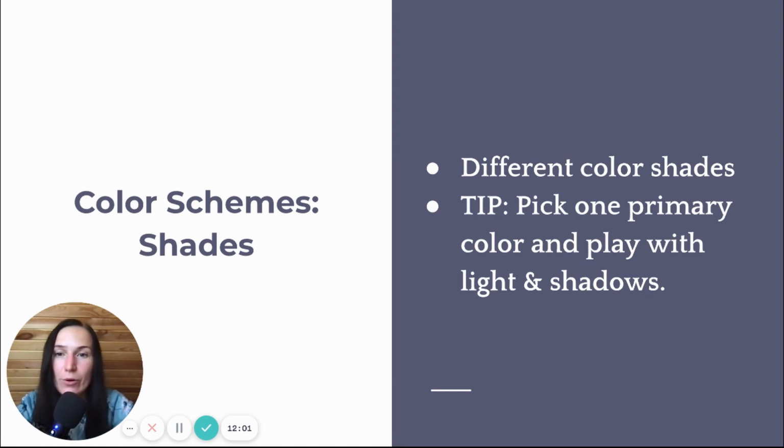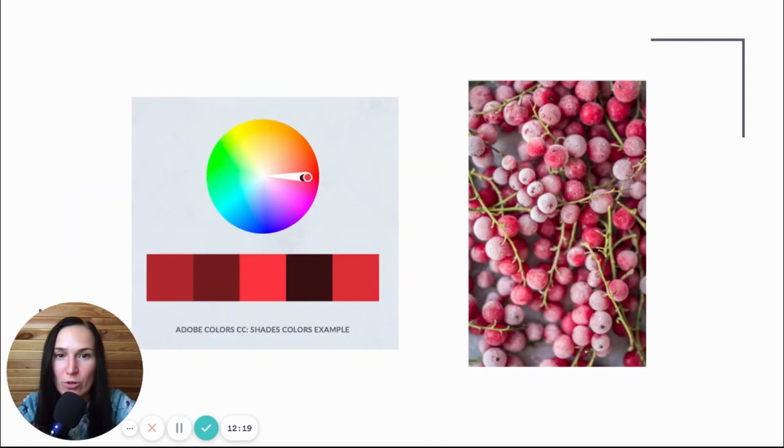And finally, the color scheme shades. In this one, you have different color shades. You pick one primary color and then you just play around with light and shadows. It's quite hard to find this kind of composition, but once you find it, it's so powerful.